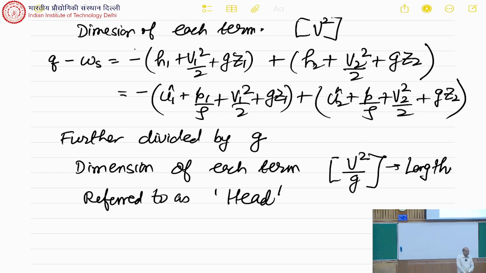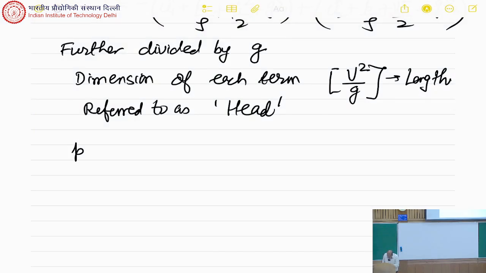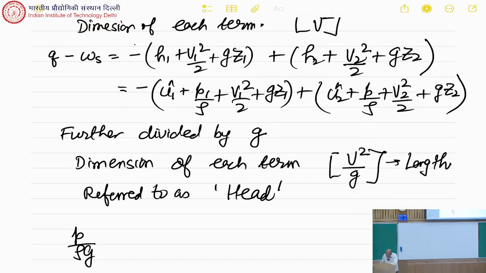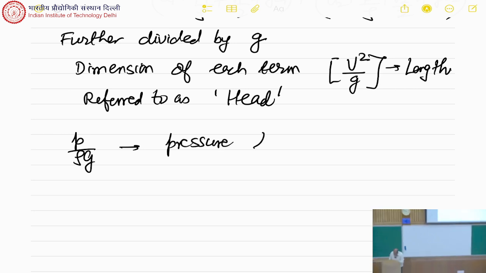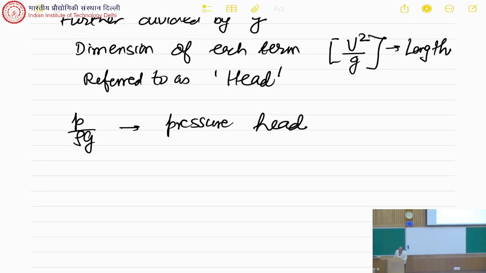You must have heard of the head of a pump. Have you heard that a pump has a head of 10 meters? You will see this terminology when you come across pump and turbine specifications, where they are given as a head, that means so many meters. So the head basically comes from here, and what we have is P by rho g, the term which comes from pressure, called the pressure head.